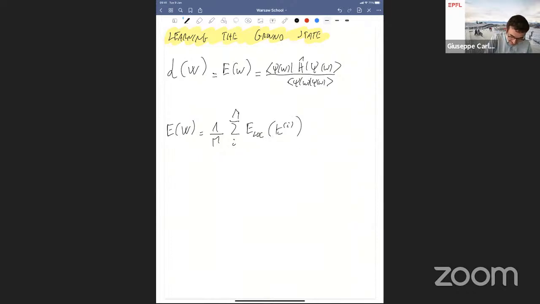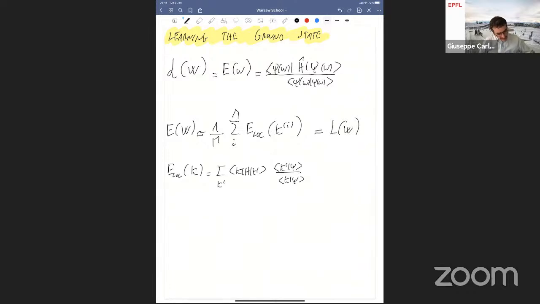We can write it explicitly just to be clear: it is the sum over k prime of the matrix element of the Hamiltonian, times psi of k prime divided by psi of k. This is an estimation of my Hamiltonian expectation value, and this is my loss function.